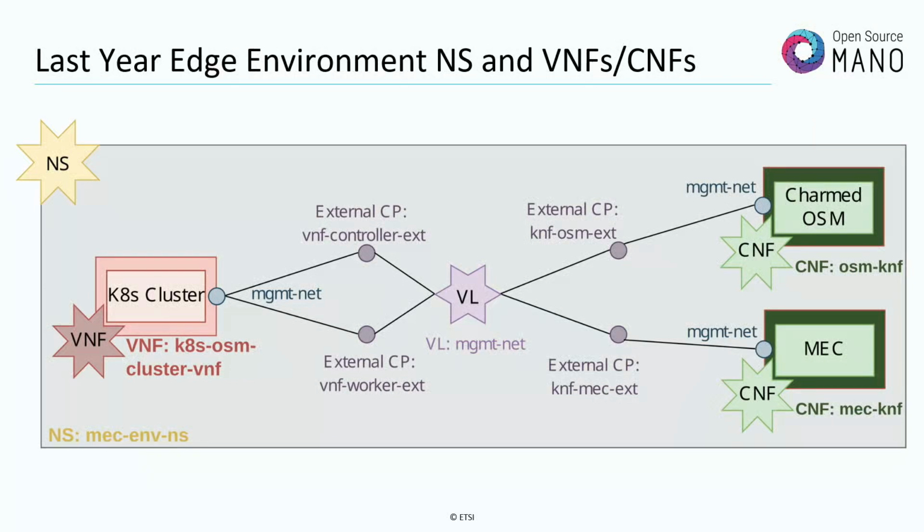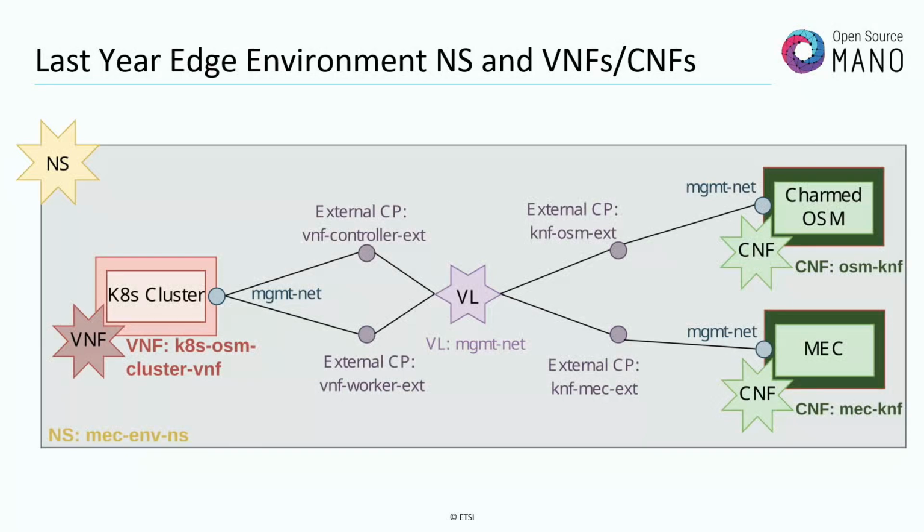This network service was composed of a Kubernetes cluster launched as a VNF, which was supposed to be the edge Kubernetes cluster, where clients could deploy their MEC applications. It also had a CNF for the Charmed OSM, which was supposed to be the edge OSM, and then also a CNF for the multiple MEC components.